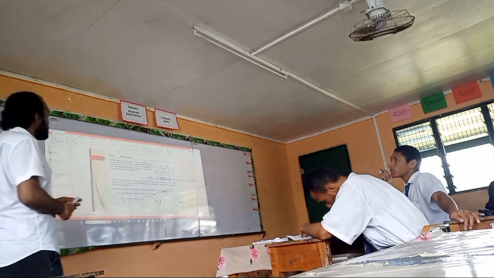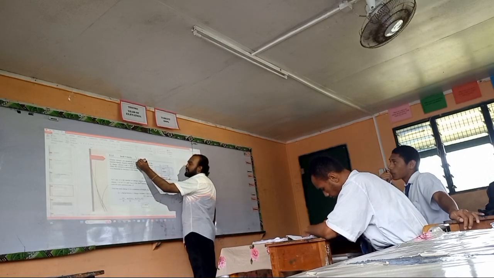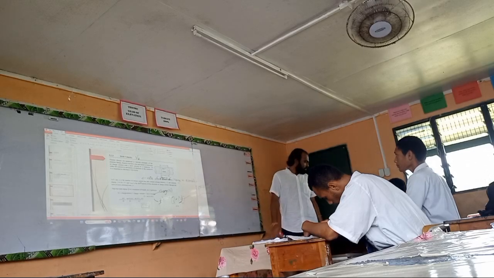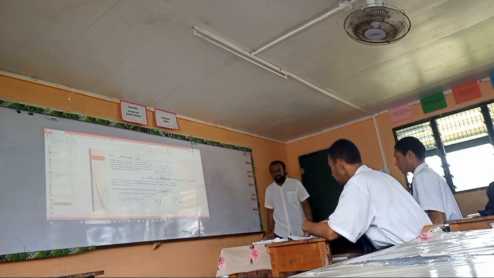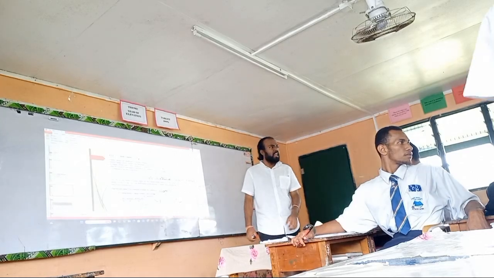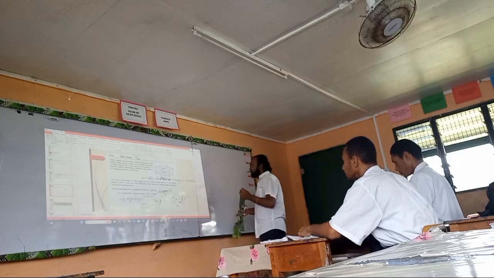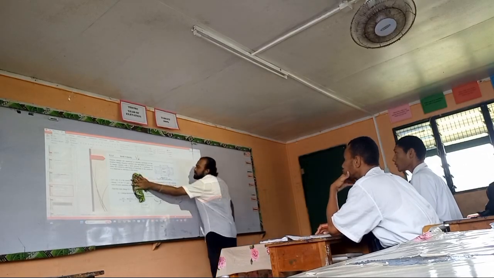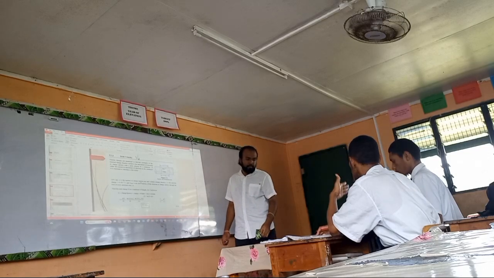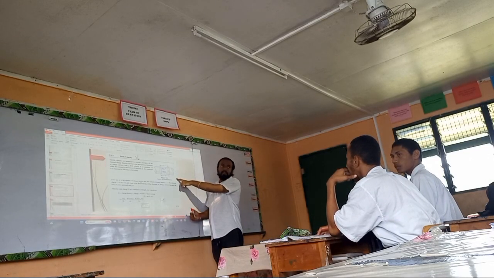Okay, the drift velocity, the symbol is v, small d. So this is the conductor I was talking about earlier.